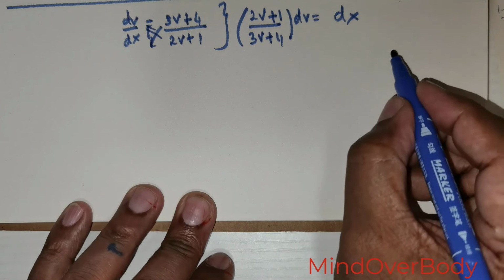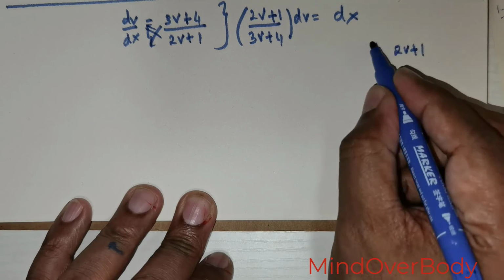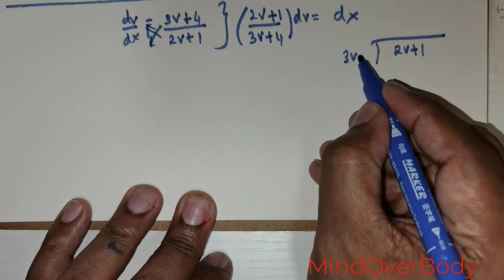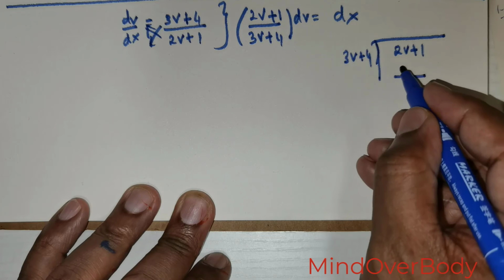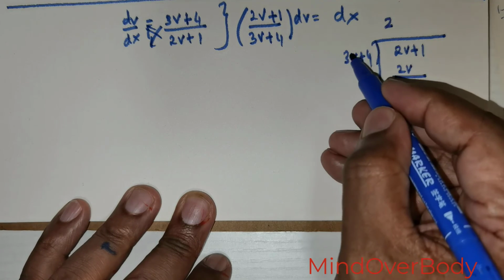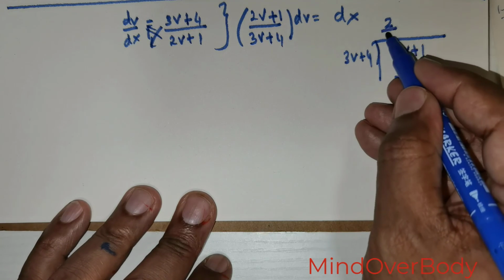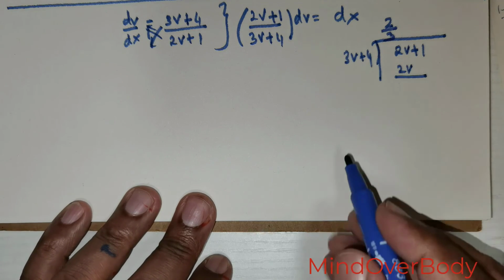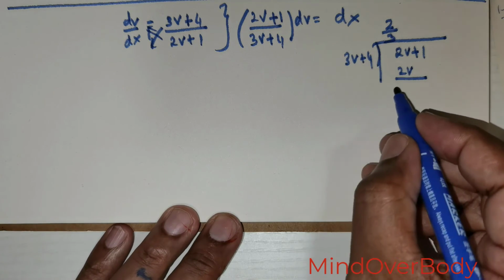The manipulation is to divide 2v + 1 by 3v + 4. Now clearly I need to get a 2v. So how do I get it? Clearly if I were to multiply 3v by 2/3, that would cure my requirements, right?